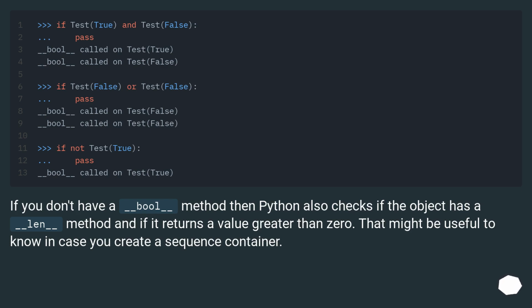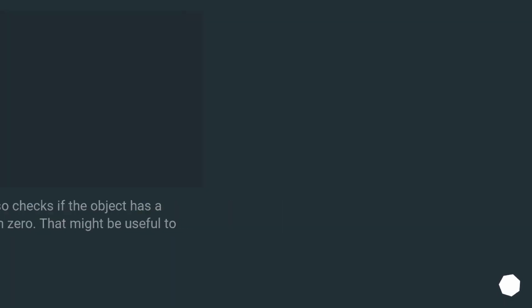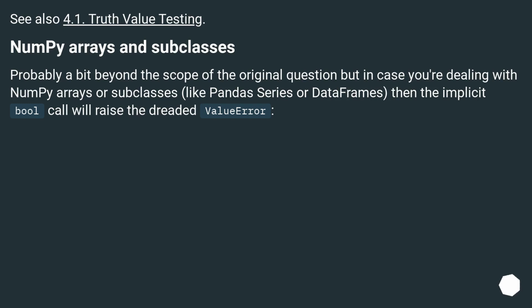If you don't have a __bool__ method, then Python also checks if the object has a __len__ method and if it returns a value greater than 0. That might be useful to know in case you create a sequence container. See also 4.1. Truth value testing.